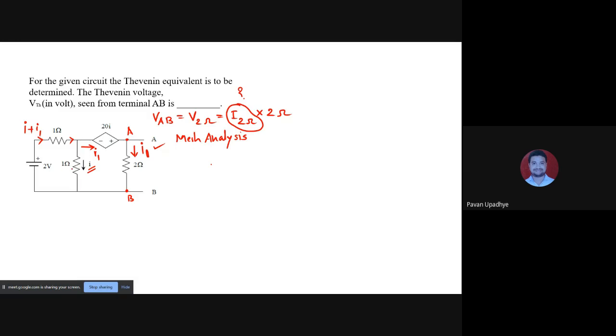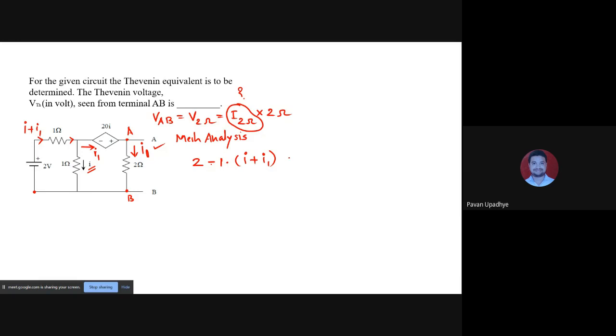Let us write the loop equation for loop number 1. Let us move from the bottom side to the upper side. When I come across the 2 volt, moving from the negative plate of the battery to the positive plate, it is plus 2 volt. Now I come across the 1 ohm resistance, in which the current I plus I1 is flowing to the right, and I am also moving to the right while tracing, so I write it minus.